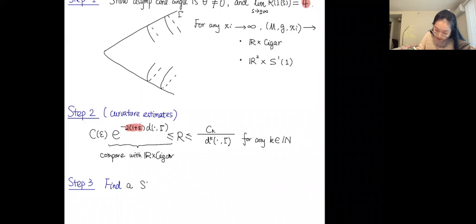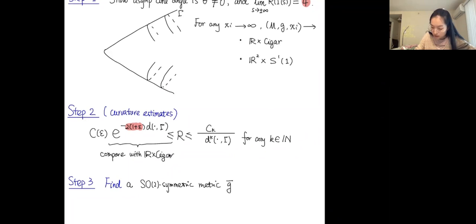We're going to find an SO(2) symmetric metric, I'll call it G bar. It approximates the original soliton metric very well, in the sense that the error satisfies the following estimate.